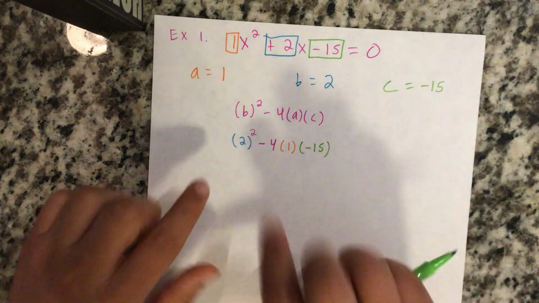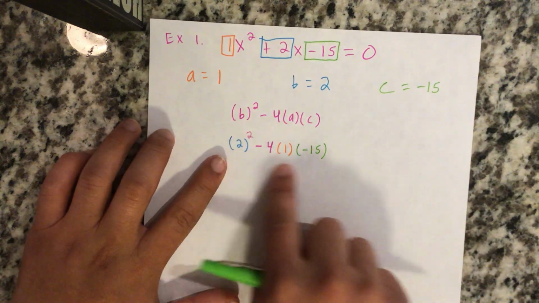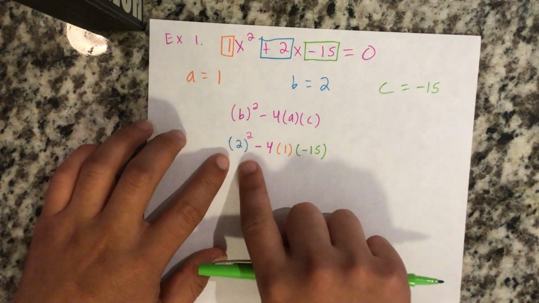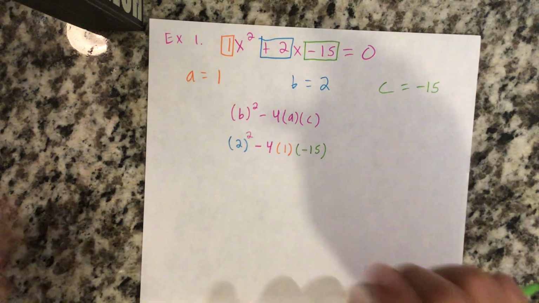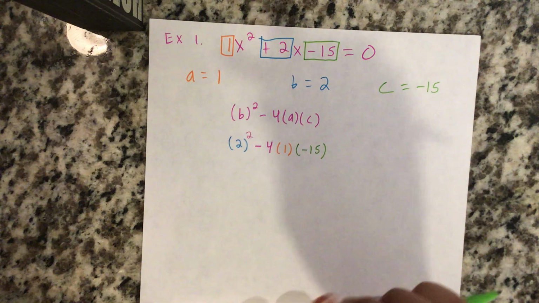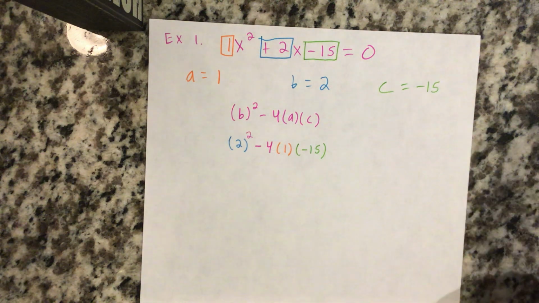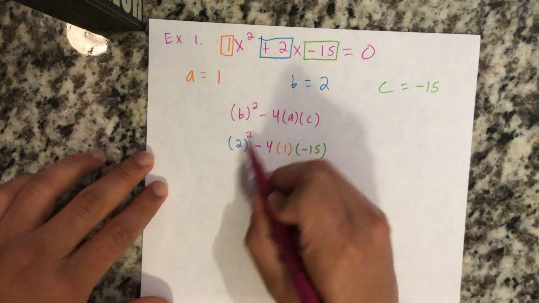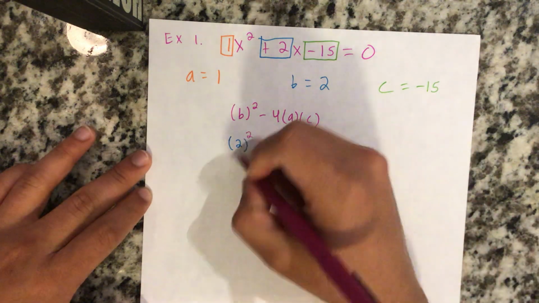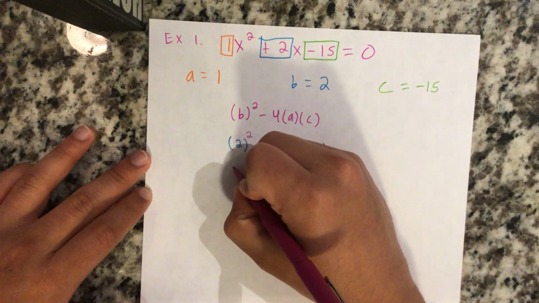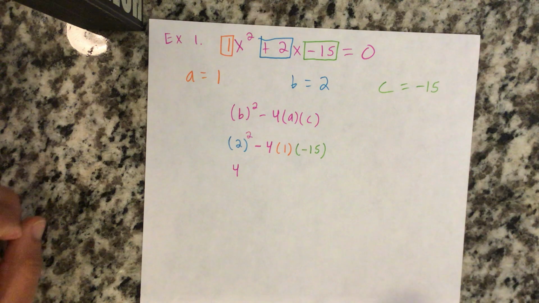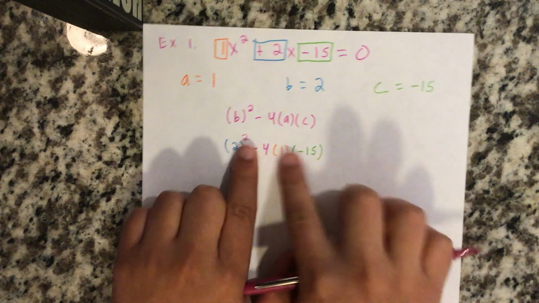Now, from here, you can type all of this into the calculator exactly as is, as long as you have the parentheses, okay? You can use an online calculator, or you can, I don't think you can use the one on your phone, but you could definitely use an online calculator and it could do this for you, okay? But I'm just gonna do it by hand because it's not that bad. So 2 squared, remember that's 2 times 2, that gives me 4. So I get 4 in front, okay? And then now I'm gonna go from the back.